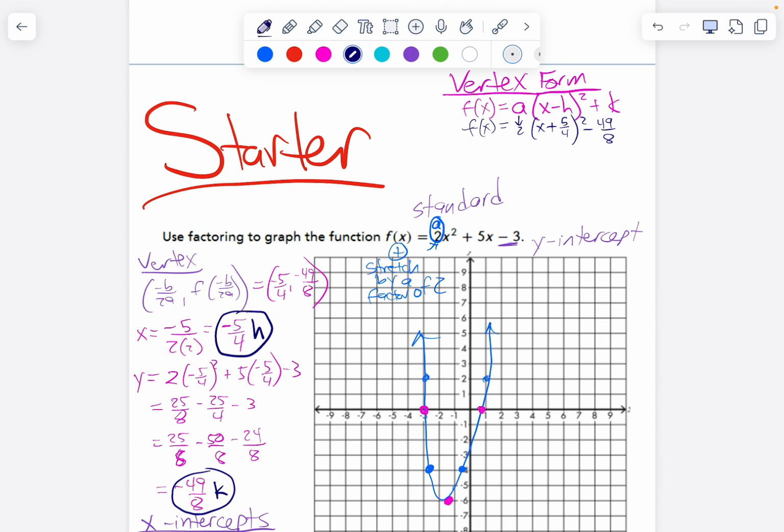Let's do factored form. What is raw factored form? So it's going to start with f of x, a, then what? x minus p times x minus q.